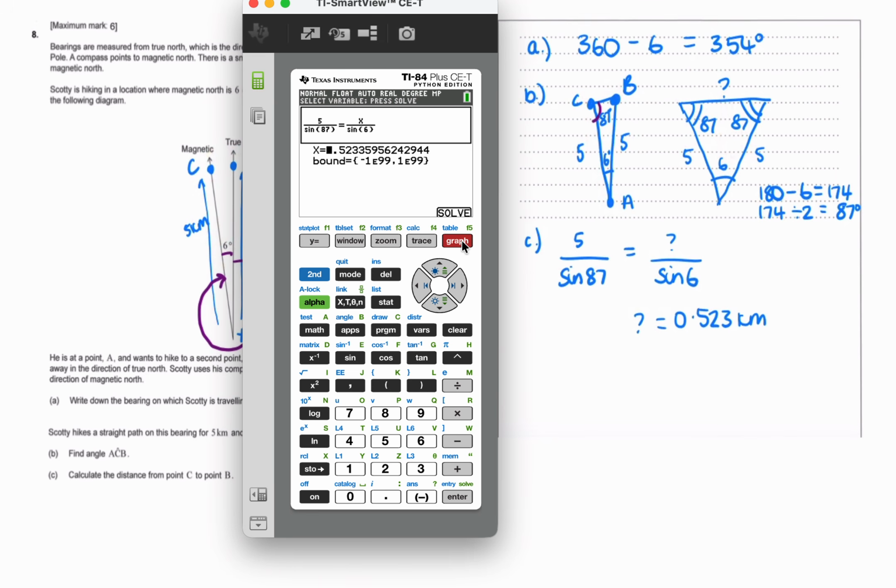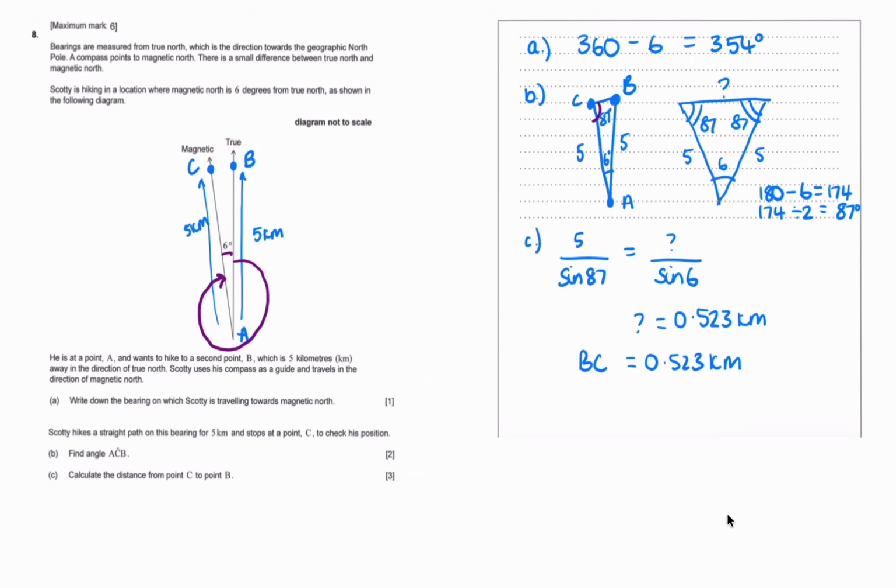And this is the distance of B to C. So CB or BC, doesn't really matter which one, is equal to 0.523 kilometers. So that's how far he's walked kind of in the wrong direction, and he needs to come back on himself. And then the last part, calculate the distance from C to B. That's the last part of the question.